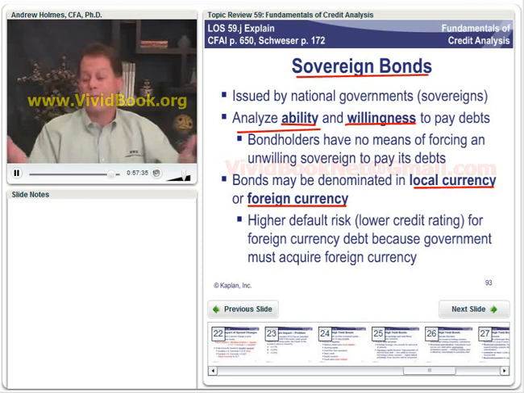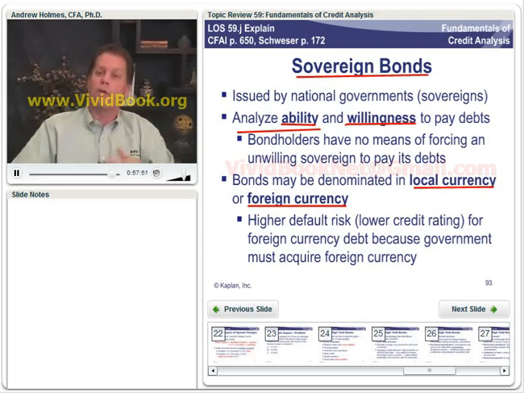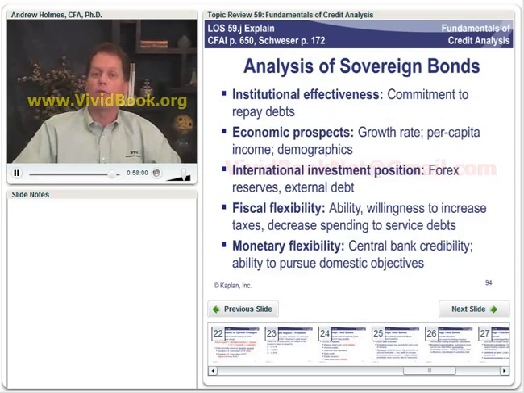Local currency, they control it, right? It's the Canadian government that controls the number of Canadian dollars. So they have an army of sorts that can collect taxes in Canadian dollars. They don't have an army that can collect taxes in euros, at least not under normal circumstances. So anyway, local versus foreign currency. Local currency is going to have a lower credit risk. Foreign currency is going to have a higher credit risk, because as a sovereign, we don't control the foreign currency.